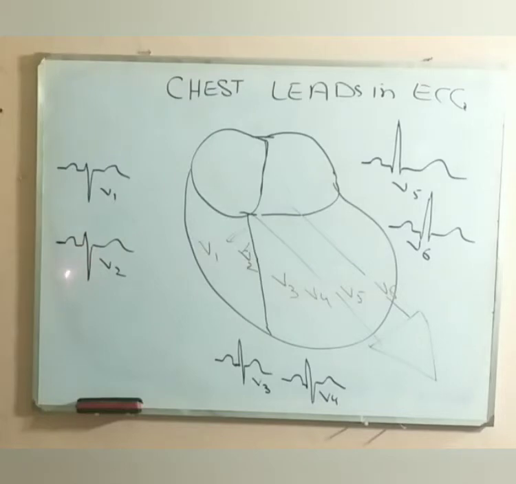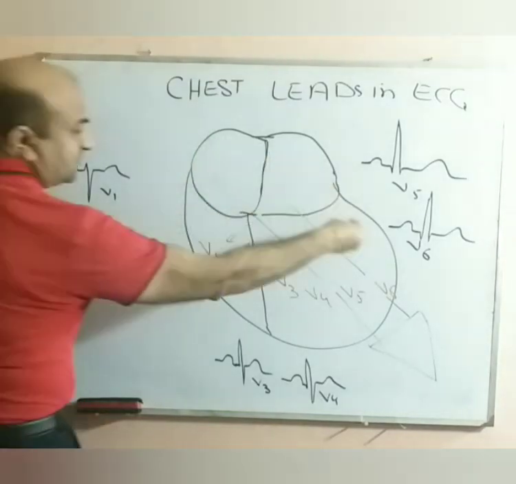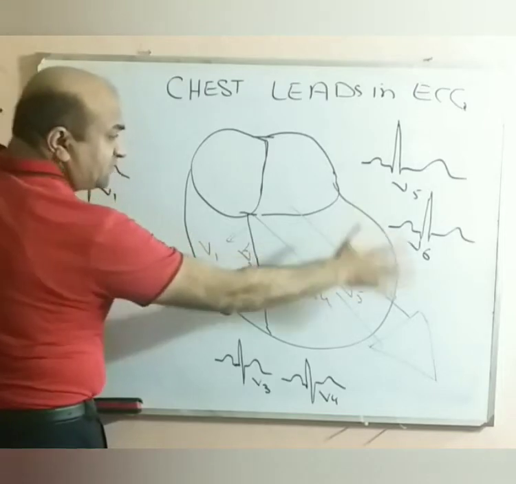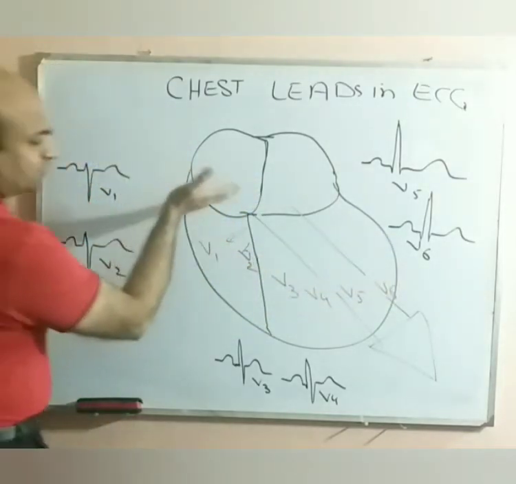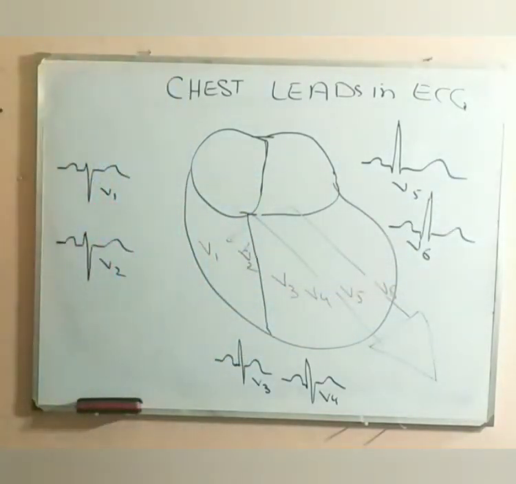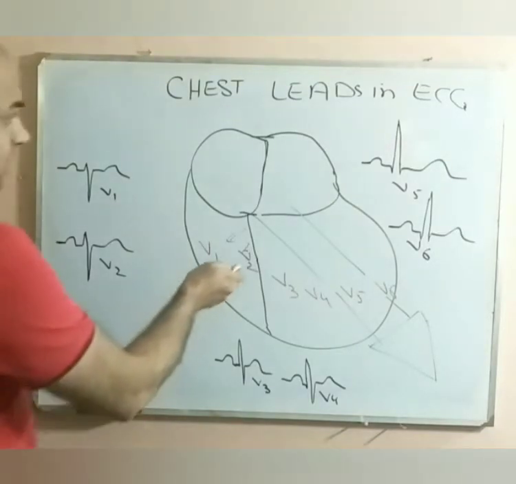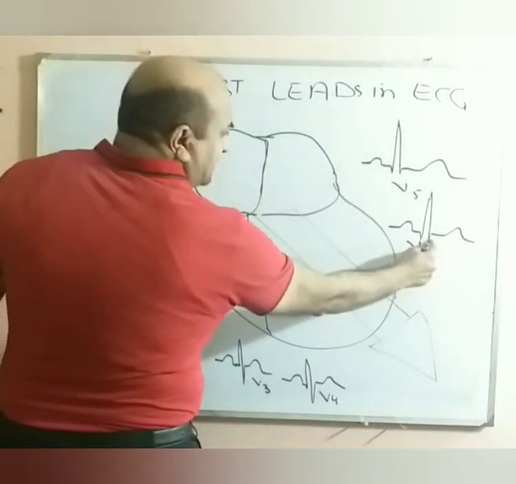But why do they have a deep S wave? Because the electrical activity generated by the left ventricle, which represents the heart, is going away from them, so they generate a deep S wave. But in the case of leads V5 and V6, they see the electrical activity coming towards them, so they generate a tall R wave and a very small S wave.